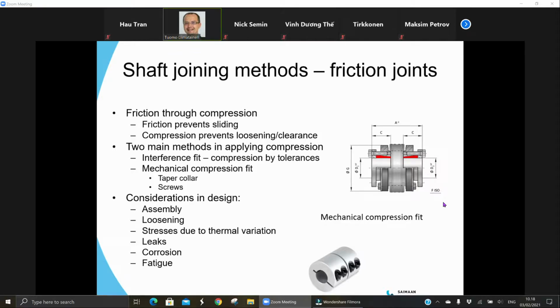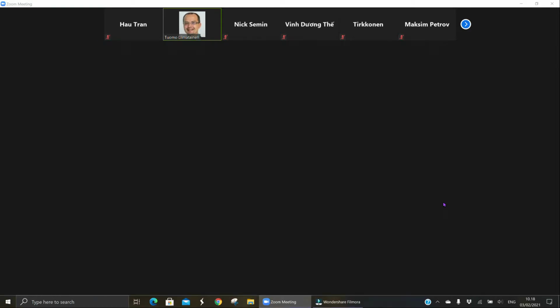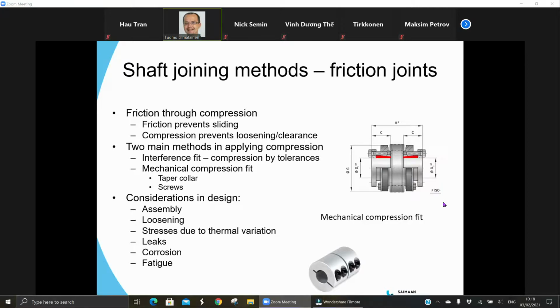And the reason is that, as we learned in the lecture on key joints, a key joint is not that good when we have a big diameter shaft and the torque is very high, because there is a physical limitation to the size of the key and the key slot, and that cannot increase in the same order as the diameter of the shaft increases.